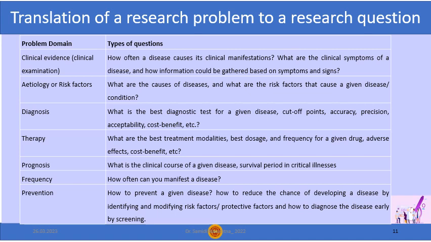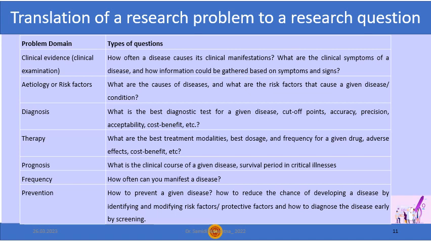Firstly, in clinical examination, you may come up with questions like how often a disease causes its clinical manifestations, or what are the clinical symptoms of a disease, and how information could be gathered based on symptoms and signs, and so on and so forth.